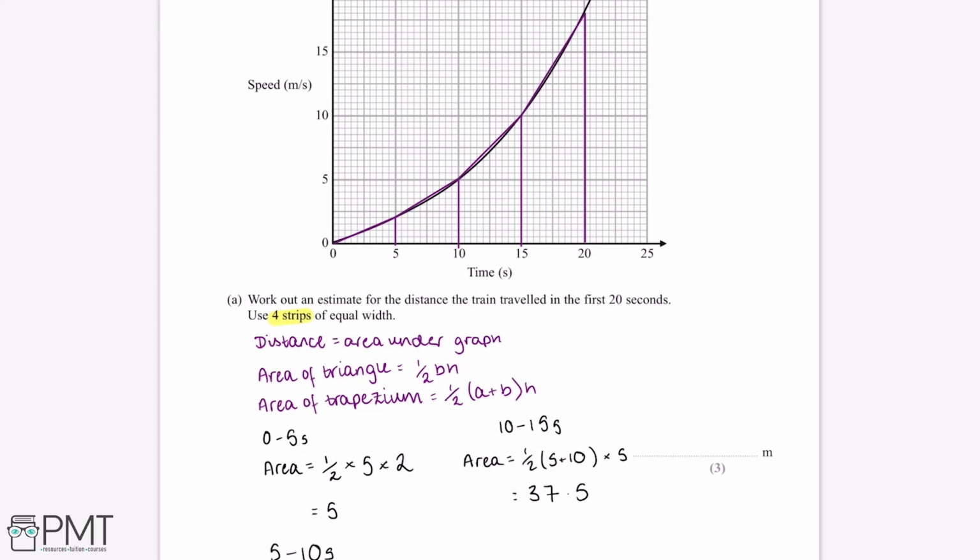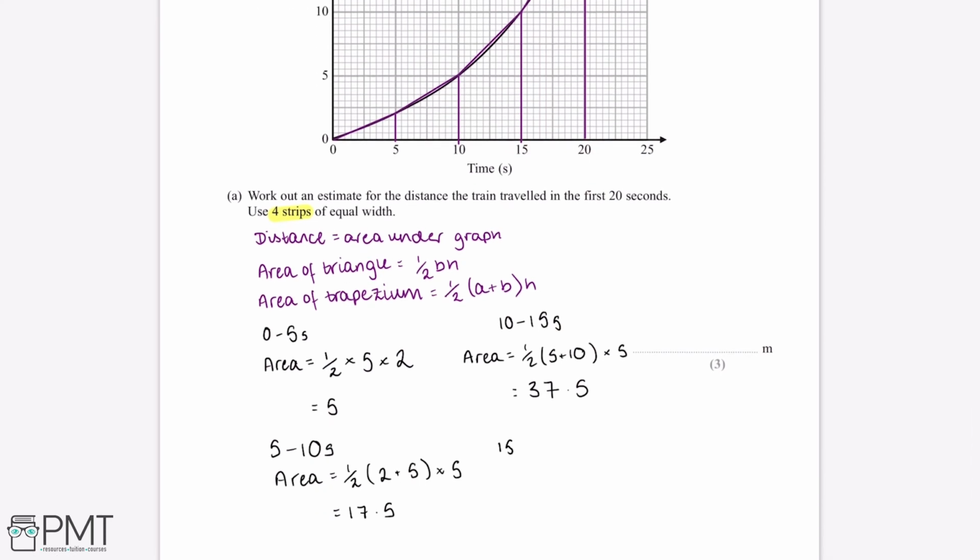And then finally between 15 and 20 seconds, the sum of our parallel lines will be 10 plus 18, and then the height between them is 5. So between the time of 15 seconds and 20 seconds, the area under the graph is equal to a half multiplied by 10 plus 18 multiplied by 5, which gives us an answer of 70.